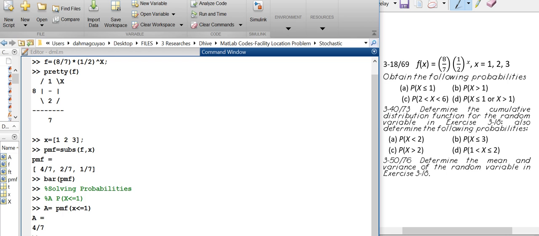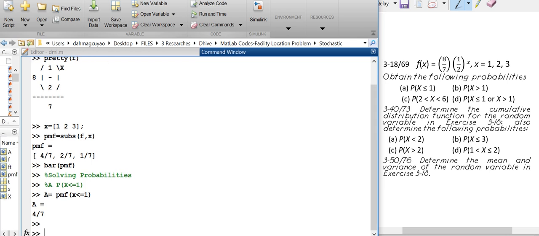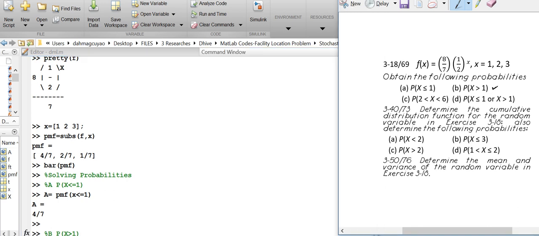For letter B, we're looking for the probability that x is greater than 1. We have solved this already.